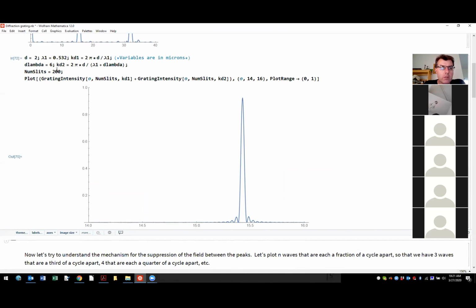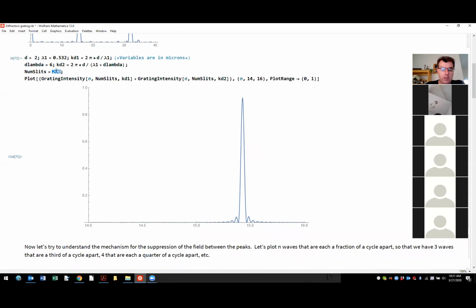This was just working yesterday. Oh, because I did 6 microns instead of 6 nanometers. That explains a whole lot.